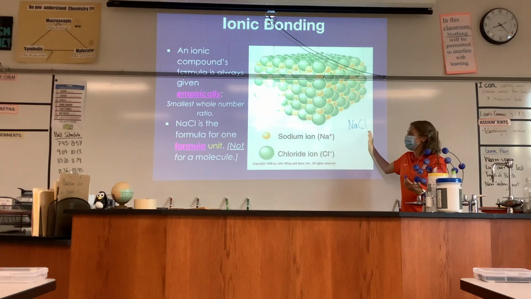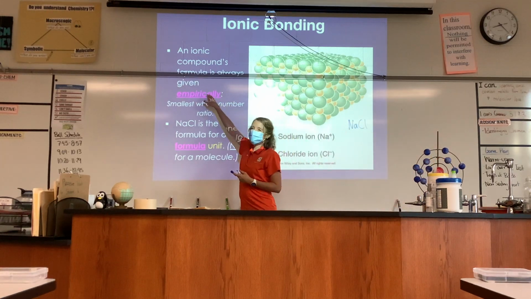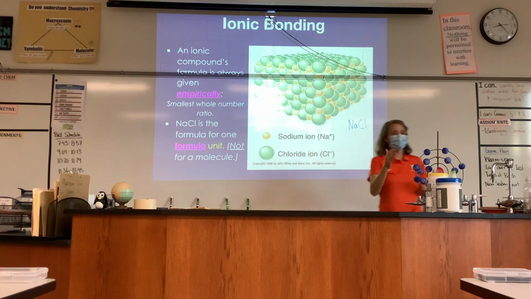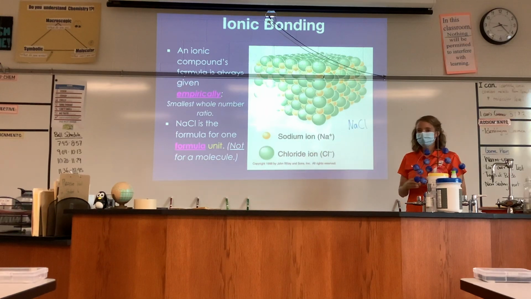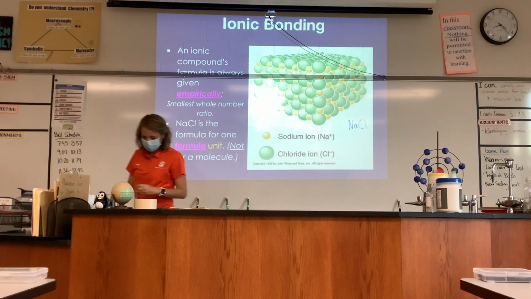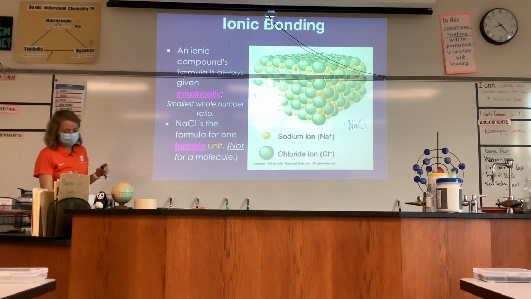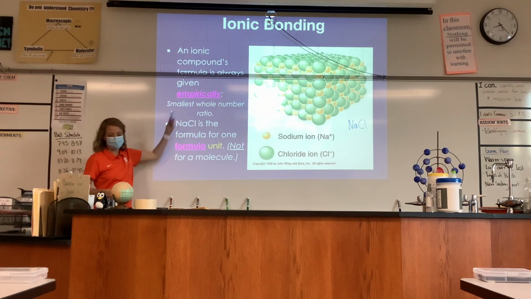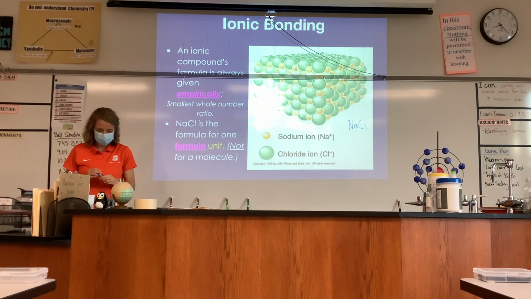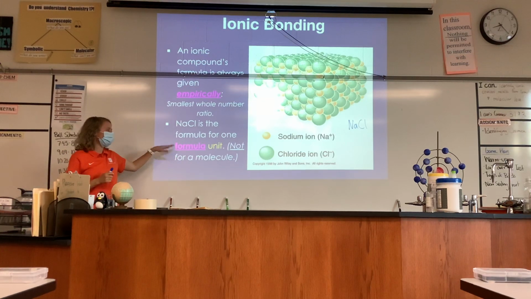So the formula, that's what this means by empirically, is it's just the smallest ratio of how many of each thing you have. So that blank right there says the formula is always given empirically. And it's known as a formula unit, because it's just a simplified ratio.